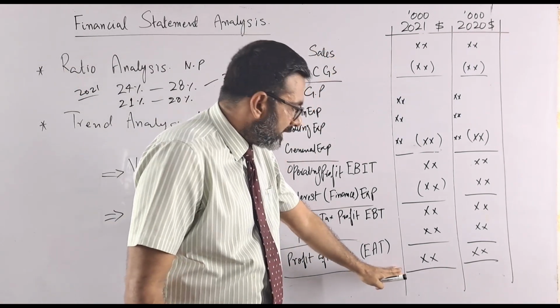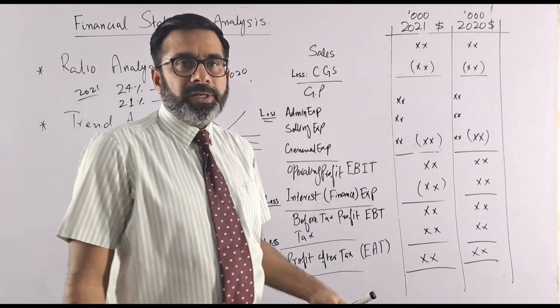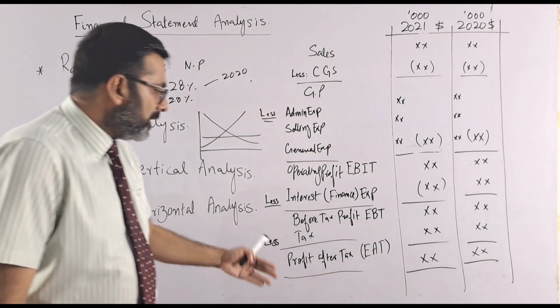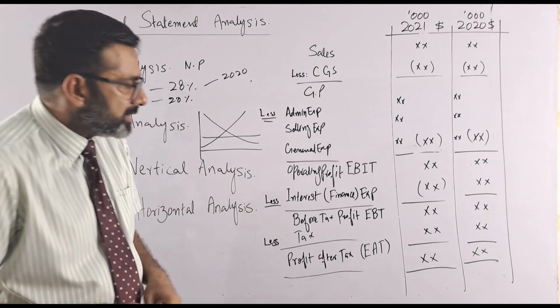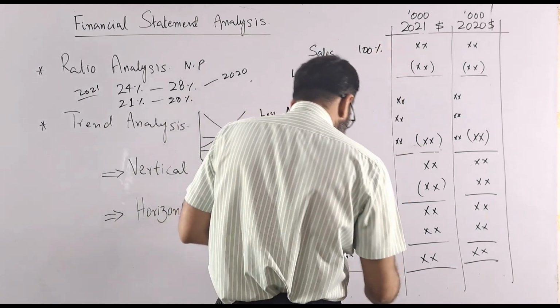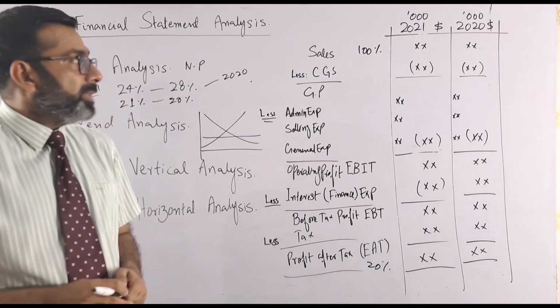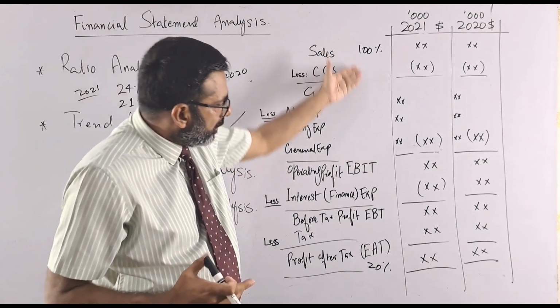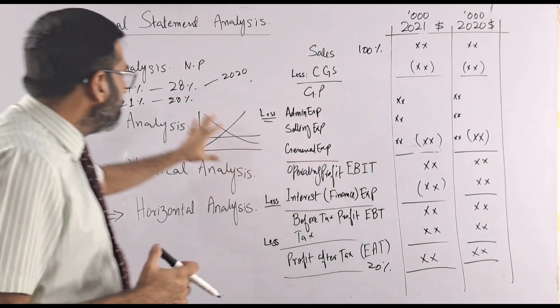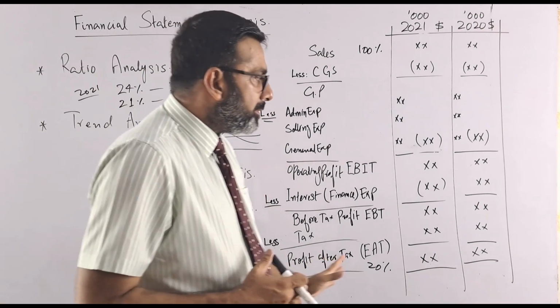So here we will consider sale as 100, which is 100%, and the net profit, or profit after taxation, let's say is 20%.